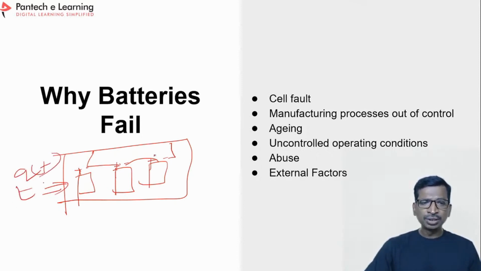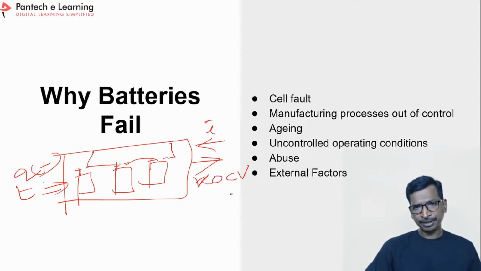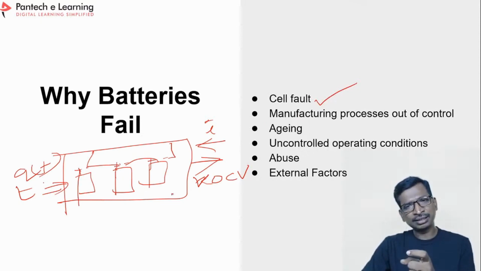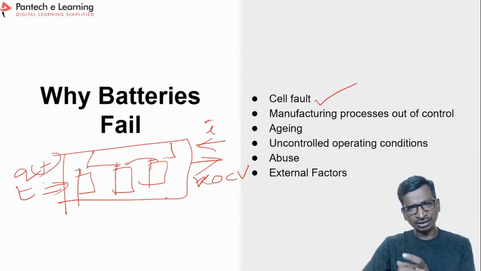At the same time, whenever you are charging as well as discharging, the current and voltage, the open circuit voltage, that is OCV, must be at the same rate. If there is any issue, then that particular cell may get a fault. So the unbalanced cell charging as well as discharging is one of the causes.